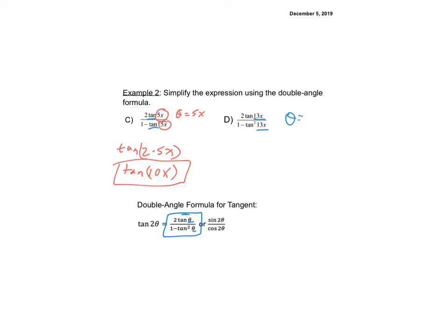So theta is equal to 13x. What do we want to do with theta equals 13x? We want to plug it in there for theta. So we get the tangent of 2 times 13x, which equals the tangent of 26x.